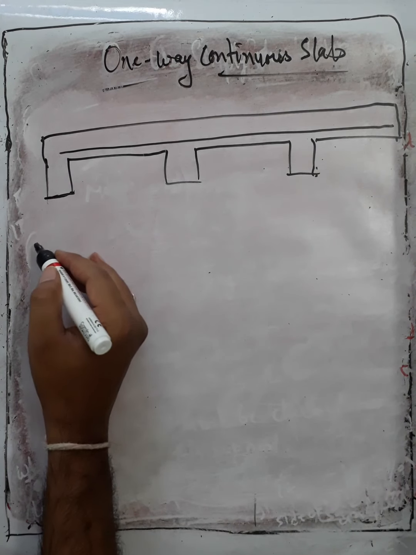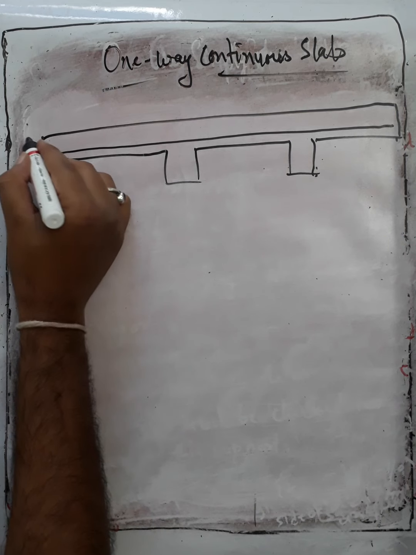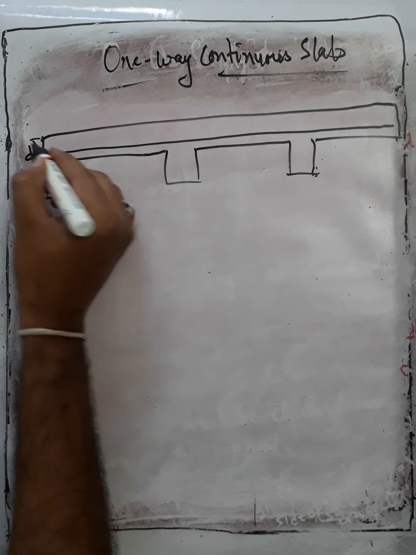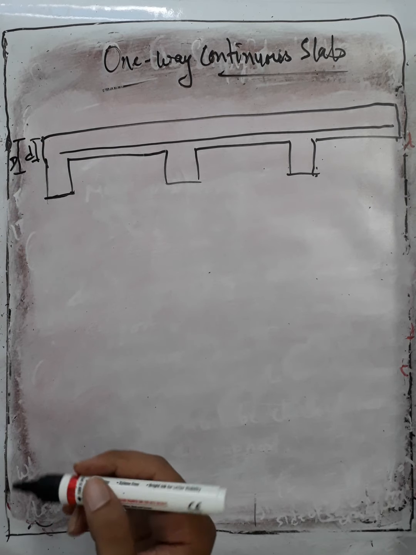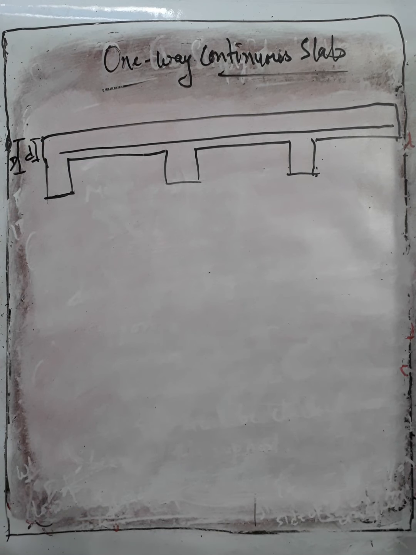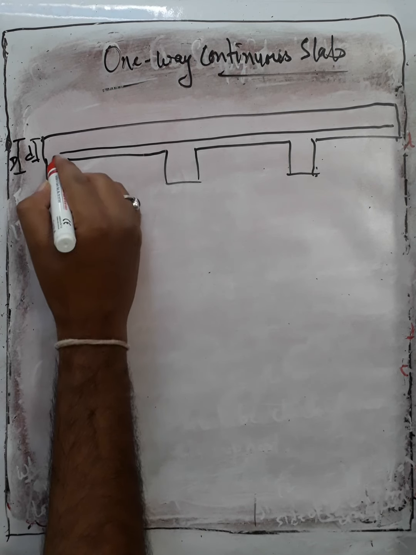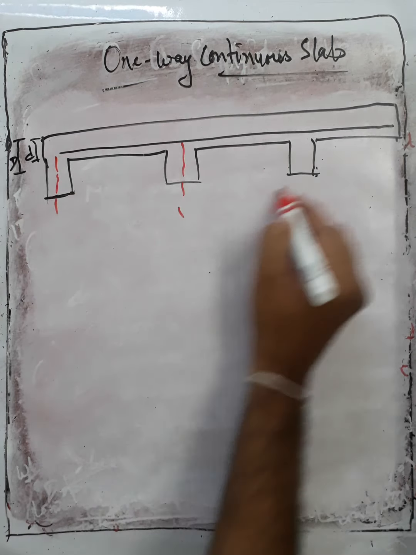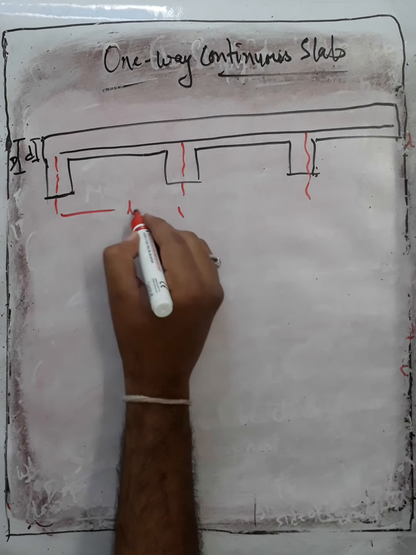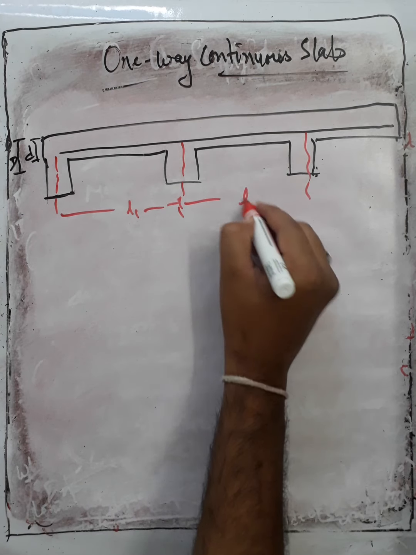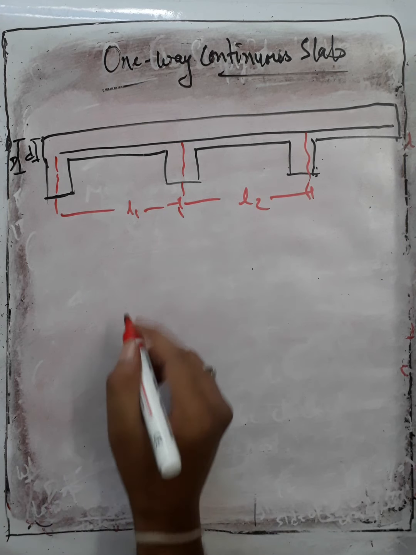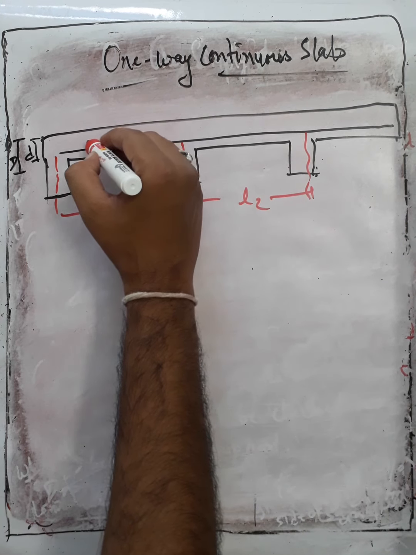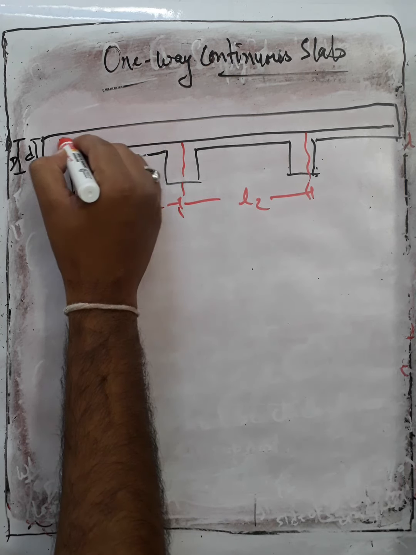This is our wall, okay. So up to this main reinforcement we say small d, and overall depth we say is capital D, and center to center we say this is L1, this is L2, and so on. And here we provide bent up bars.